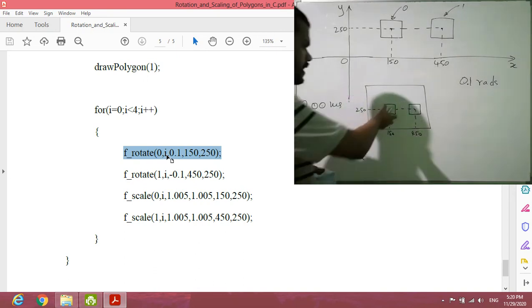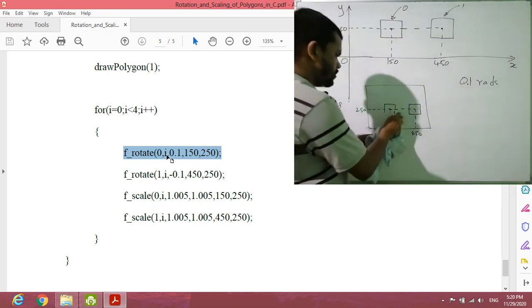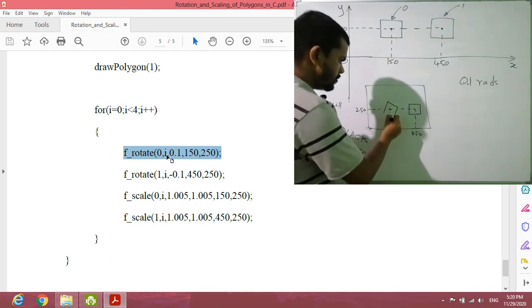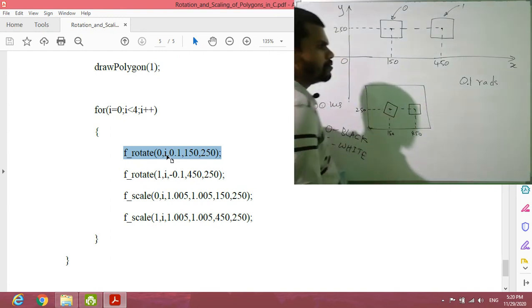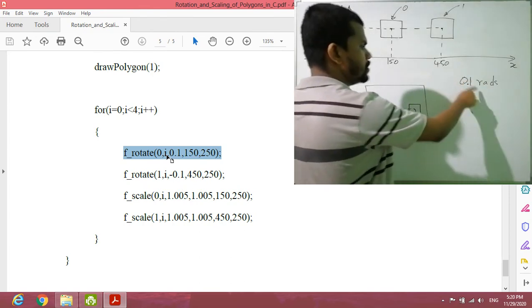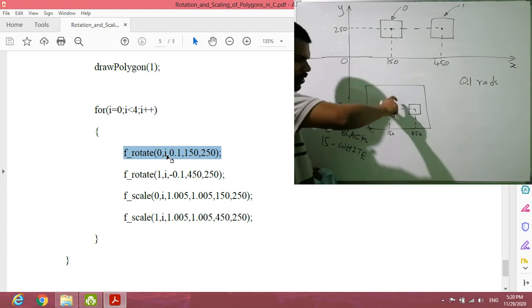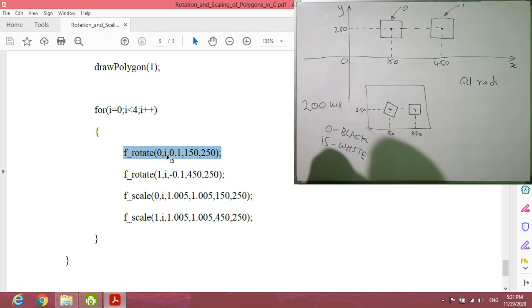Therefore each vertex will be rotated in this way, by an angle of 0.1 radians in anti-clockwise direction.